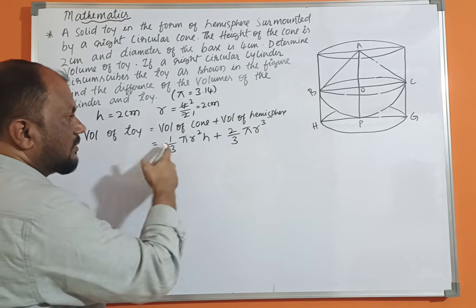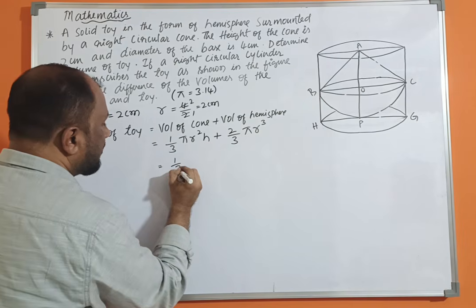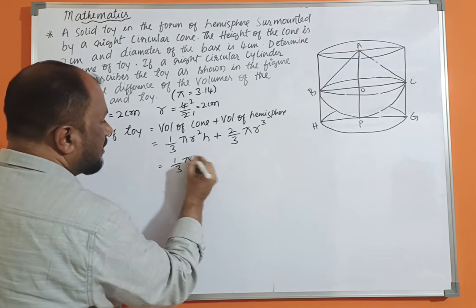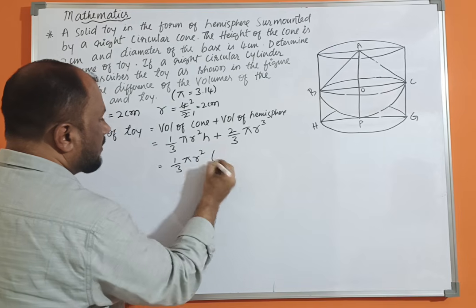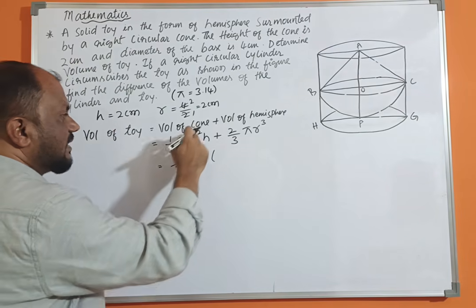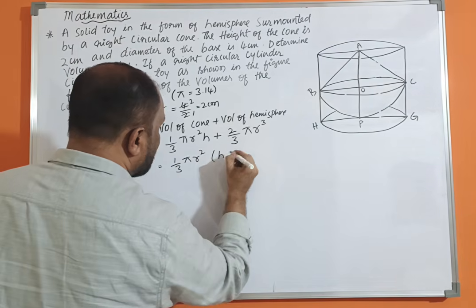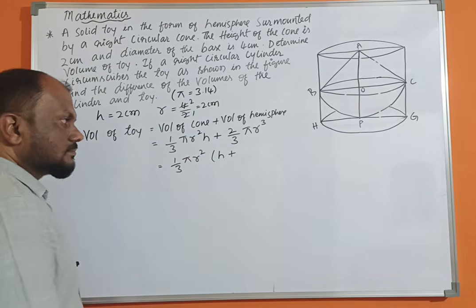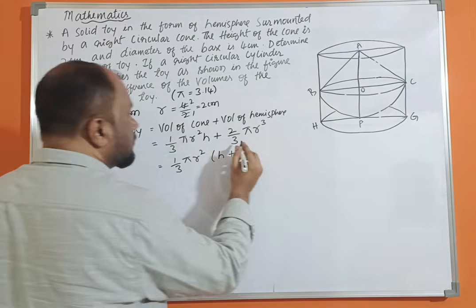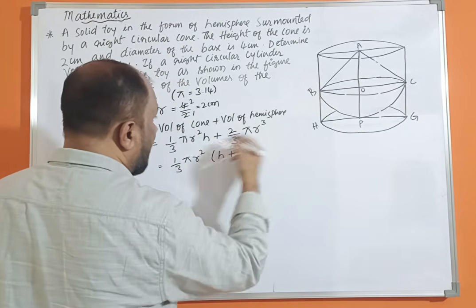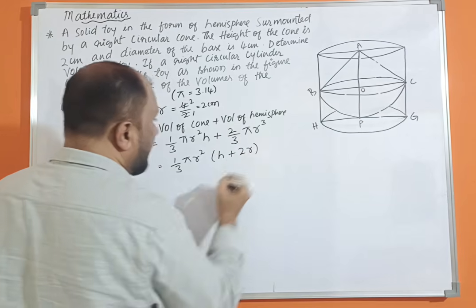So here what is common? 1 by 3 is common, pi is common, r square is also common. 1 by 3 is taken, pi is taken, r square is taken. What is remaining? h plus, since 1 by 3 is taken, 2 remains, and r is remaining.